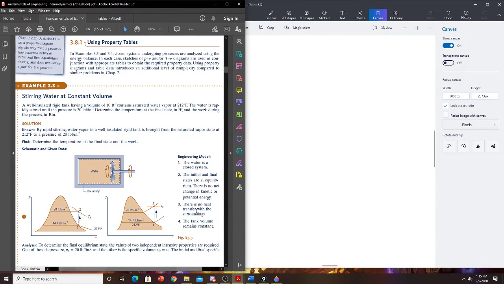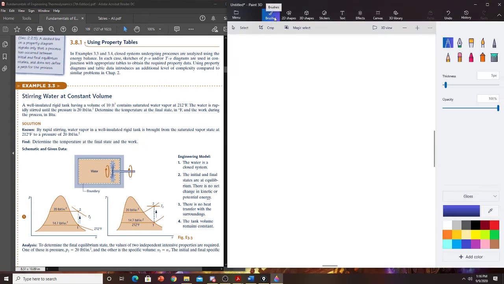It says, a well-insulated rigid tank having a volume of 10 feet cubed contains saturated water vapor at 212 Fahrenheit. The water is rapidly stirred until the pressure is 20 pounds per square inch. Determine the temperature at the final state in degrees Fahrenheit and the work during the process. Those are our two things that we have to do.